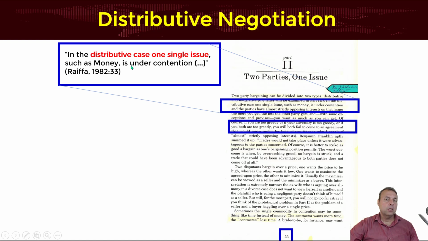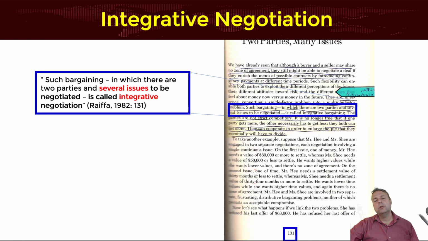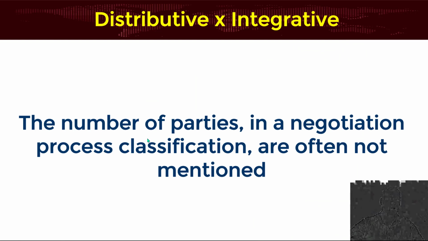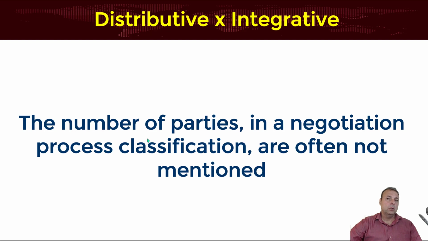It is a case in which I have one single issue under negotiation. And integrative negotiation is a bargain in which I have two or more parties discussing several issues in a given negotiation. Understand? Therefore, the number of parties in a negotiation process classification is not often mentioned.